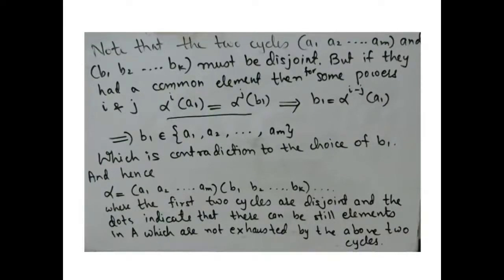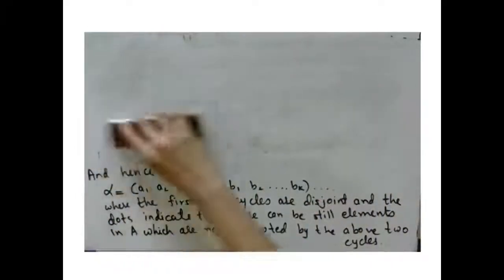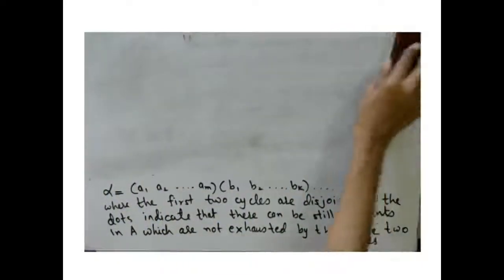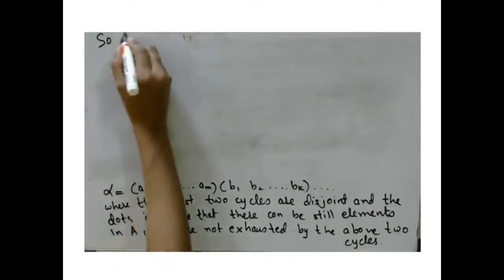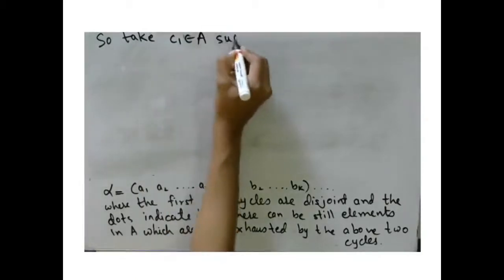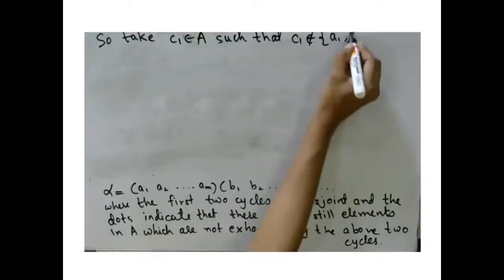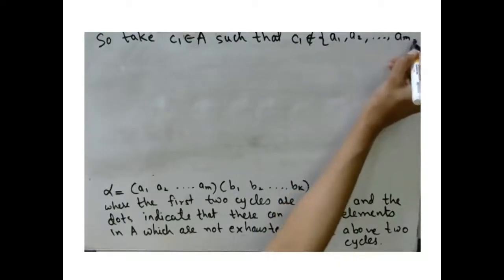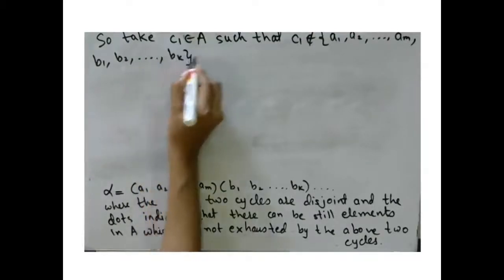So let us pick one element, say C1, from A, which is not there in these two cycles, and repeat the same process. So take C1 belonging to A such that C1 does not belong to the set A1, A2, AM, B1, B2, Bk, and repeat the same procedure.